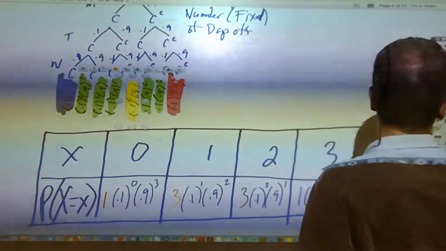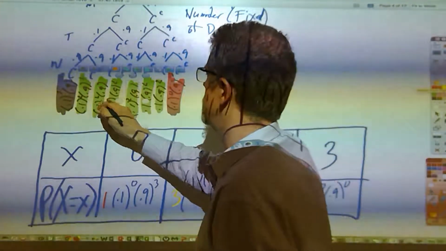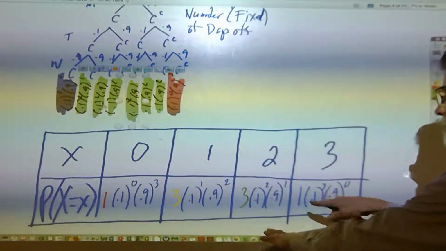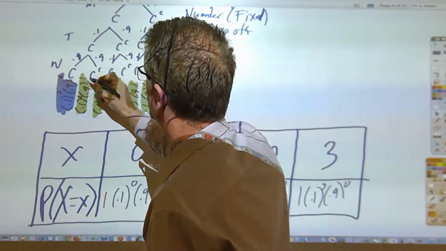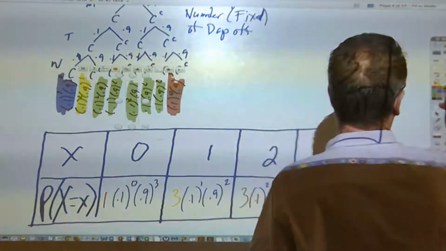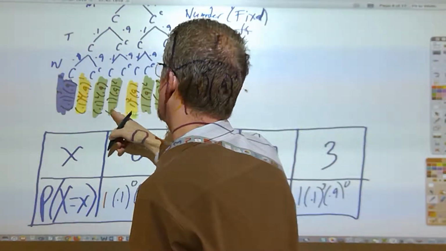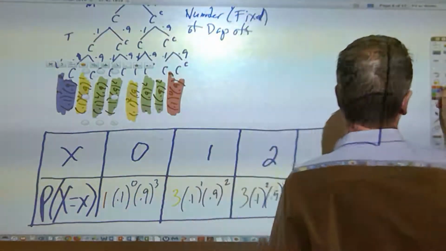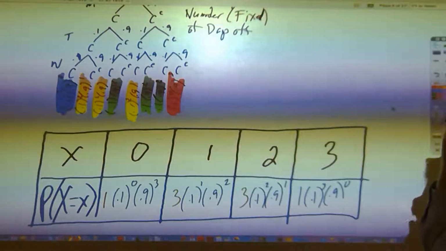The yellows are green, and the greens I'm going to turn to yellow. The greens, I want those to be 0.1 squared. So now the color, did I just turn it back the way it was?